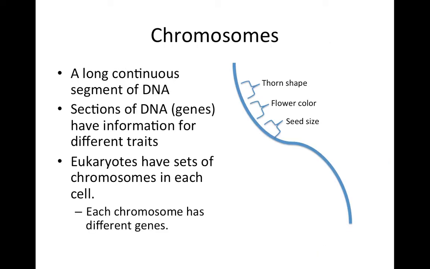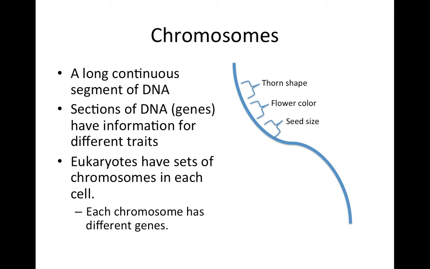So we've mentioned the word chromosomes, and this is probably an idea you're familiar with, but let's just make sure. A chromosome is a long continuous segment of DNA, and that's pictured with this line here. Along this section of DNA, there are many smaller sections called genes that each have information for one particular trait.